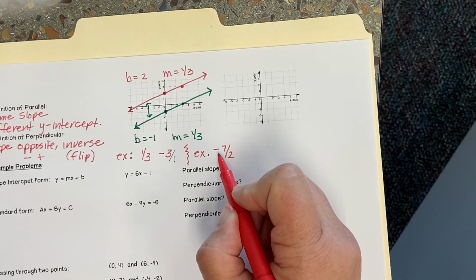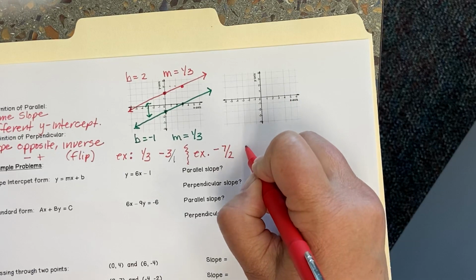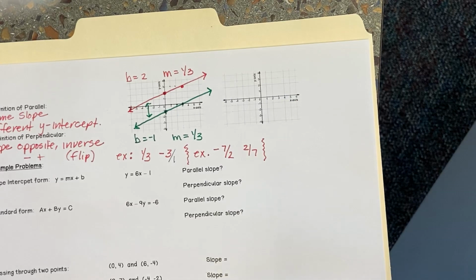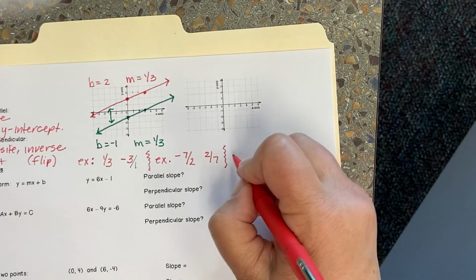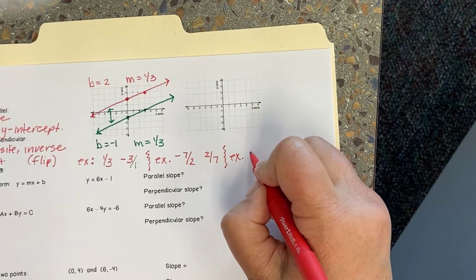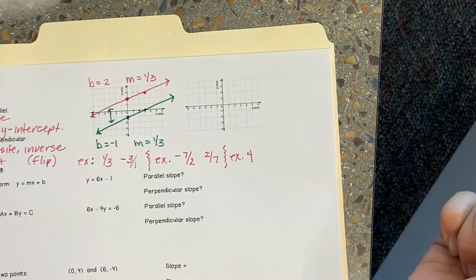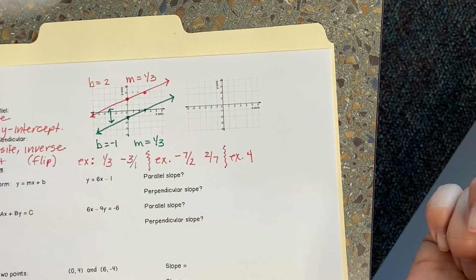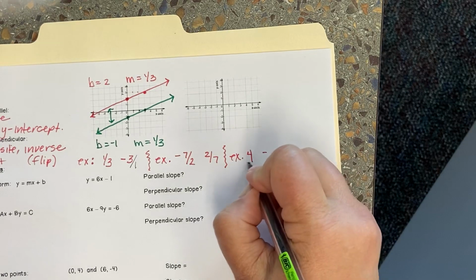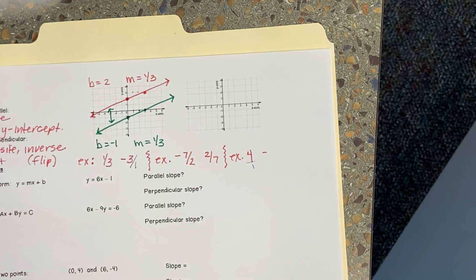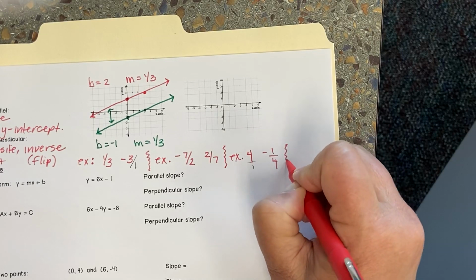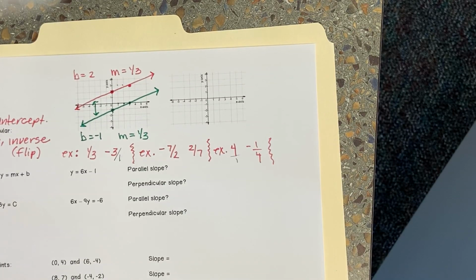So now we have to have a positive, and we have to flip it to 2/7. Okay, here's another example. Let's say you're given positive 4. So you need the opposite, so you need a negative. Remember, this is a 4 over 1, even though we don't write it, so you've got to flip it. 1/4. Okay, there's 3 examples for you.